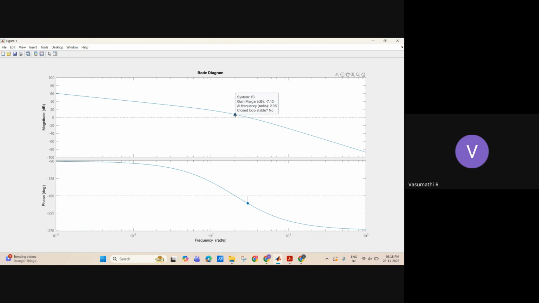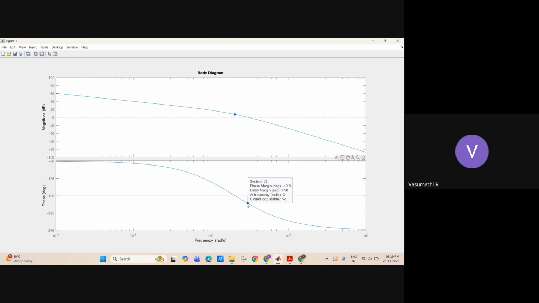Now we want to design a lag compensator so that after designing, it satisfies phase margin greater than or equal to 50. What should be the new gain crossover frequency? Now the phase margin is minus 19. If you design it to greater than 50, this will change, and your gain crossover frequency will also change.